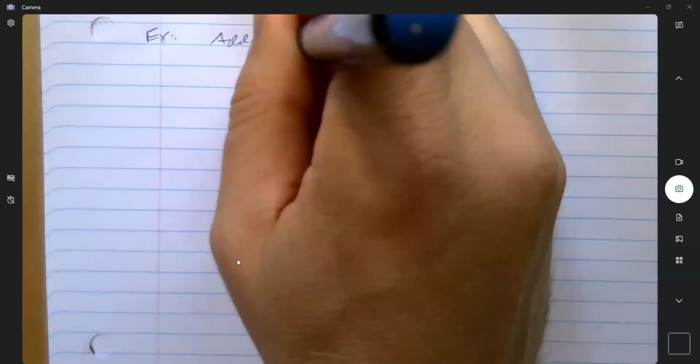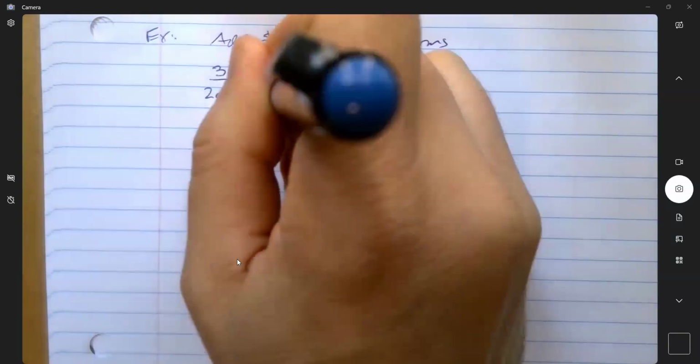Okay, next example. We're going to add and combine like terms for 3 over 2c plus 9 over 8.